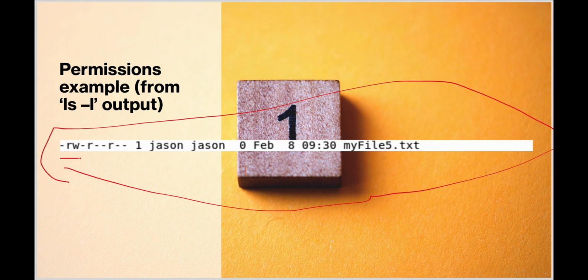So this focuses on this string of characters right here, and will explain the fact that this refers to the type of file it is, whether it's a file or directory or symbolic link. And then we group the next three. That's for user, this is for group, and this is for others. So I'll explain it to you in greater detail in the next couple videos.